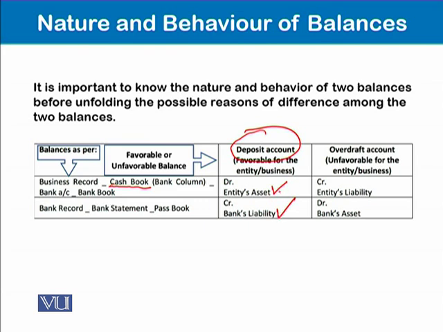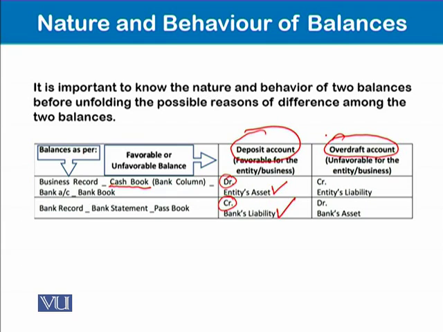So for your business, it will be taken as an asset, debit in nature, and for the bank, it will be taken as a liability, means credit in nature. Now let's see. If you have overdrawn, means you had a facility to overdraw an amount in excess of the balance available in the account.